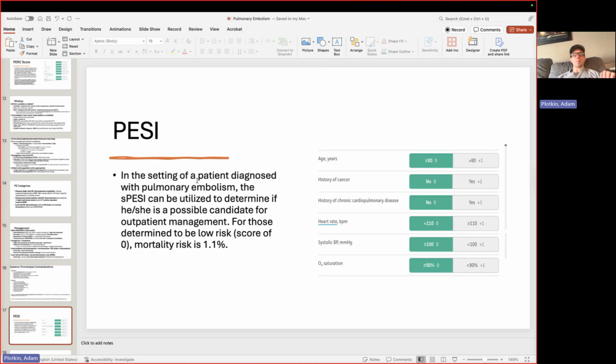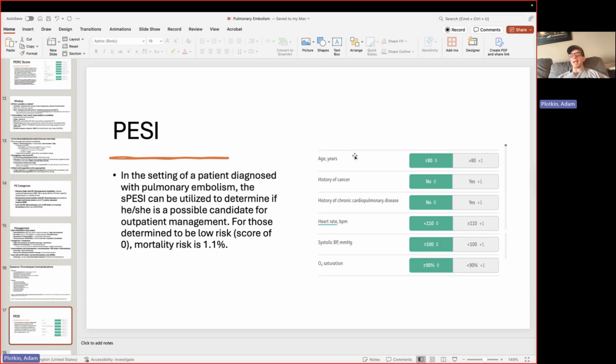Then we can use what's called the Pulmonary Embolism Severity Index. This helps us gauge the prognosis of our patient. In the setting of a patient diagnosed with pulmonary embolism, the PESI score can be utilized to determine if he or she is a possible candidate for outpatient management. For those determined to be low risk, a score of 0, the mortality risk is 1.1%, meaning they can be managed outpatient.